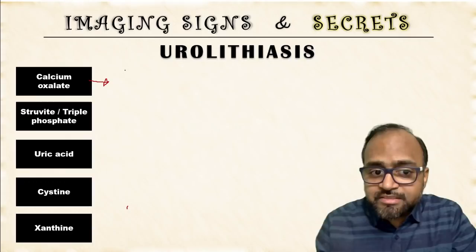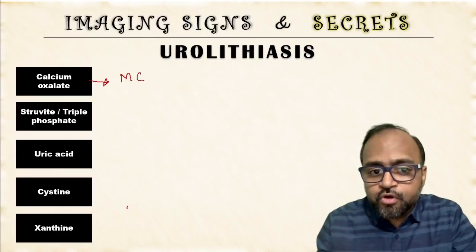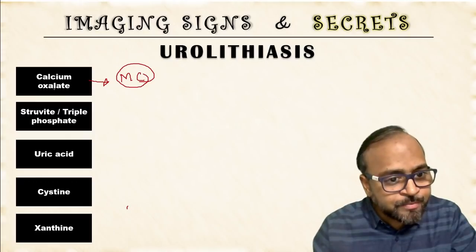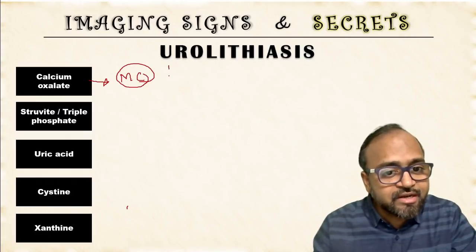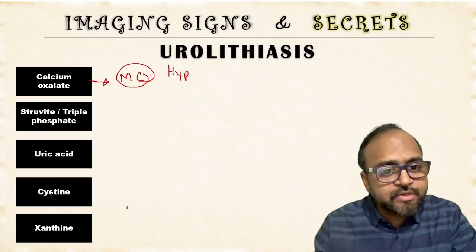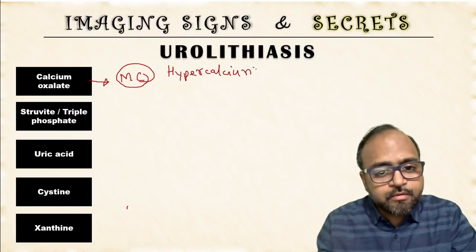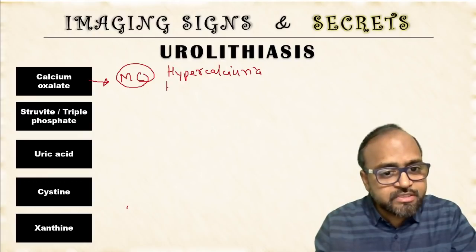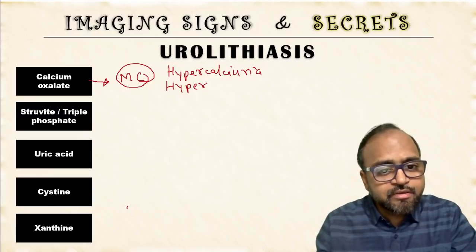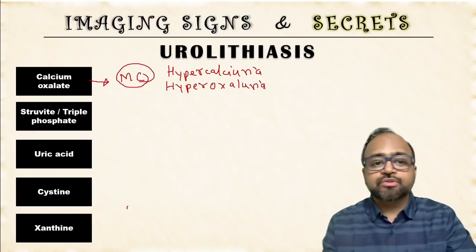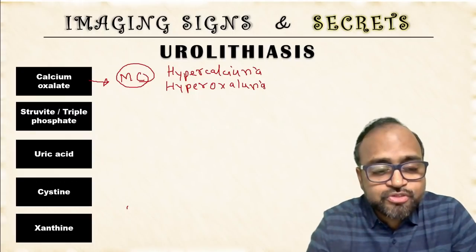Yes, this, remember, is the overall most common renal calculus. Look at the name, calcium and oxalate. So it is seen in conditions of hypercalciuria, or it may also be seen in hyperoxaluria. Right? So this is the secret associated with calcium oxalate.